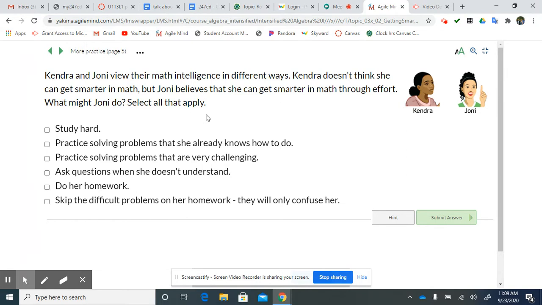How about practice solving problems that are very challenging? Yes. How about ask questions when you don't understand?